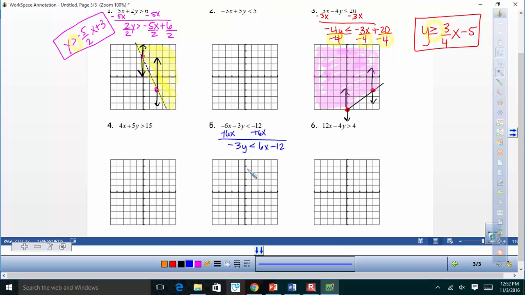Then how do we get y by itself? Divide by negative 3. What does dividing by a negative do? It changes the sign. So when we rewrite our equation, we've got to change this sign. So we're going to get y is greater than 6 divided by a negative 3 is a negative 2x.